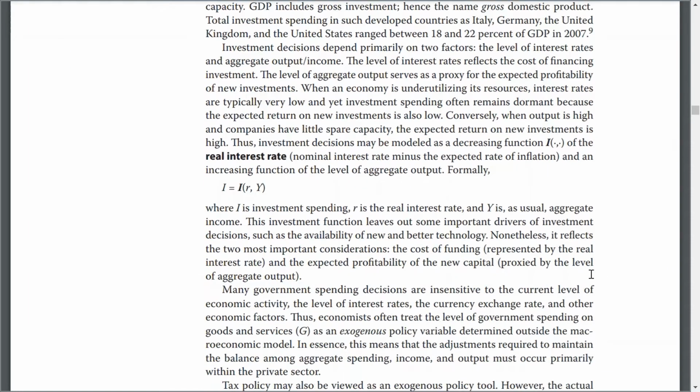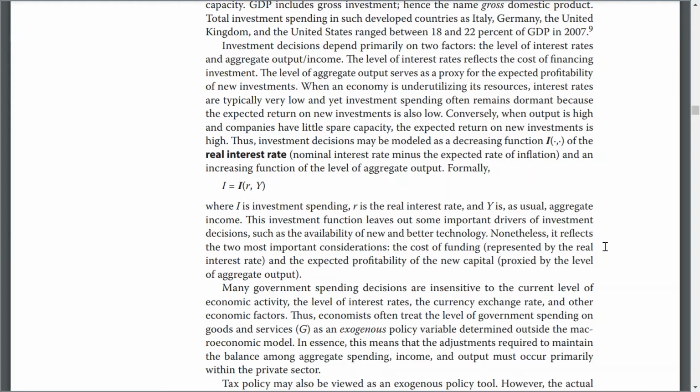Thus, investment decisions may be modeled as a decreasing function of the real interest rate, the nominal interest rate minus the expected rate of inflation, and an increasing function of the level of aggregate output. Formally, I equals I(R, Y), where I is investment spending, R is the real interest rate, and Y is, as usual, aggregate income.